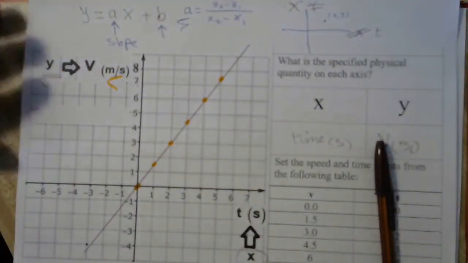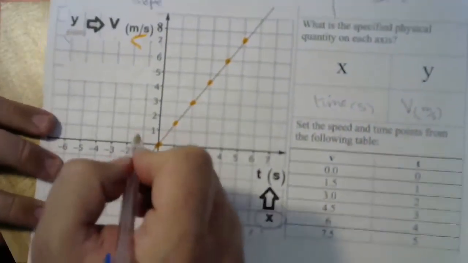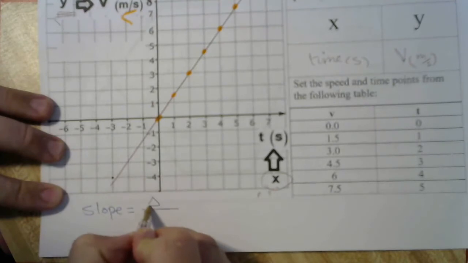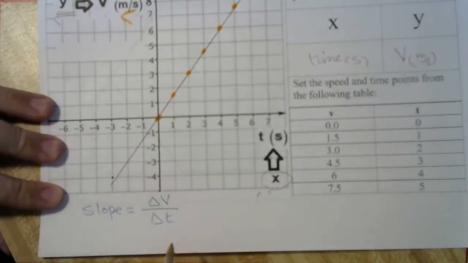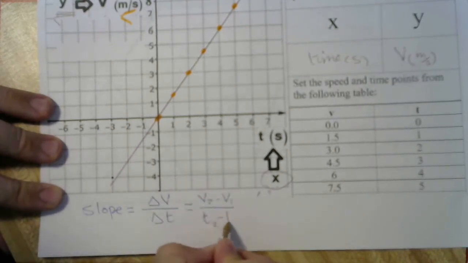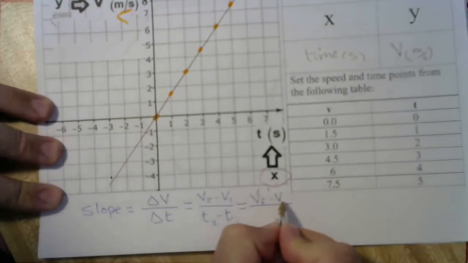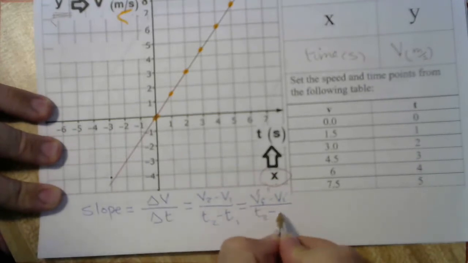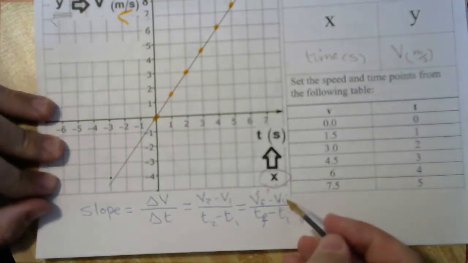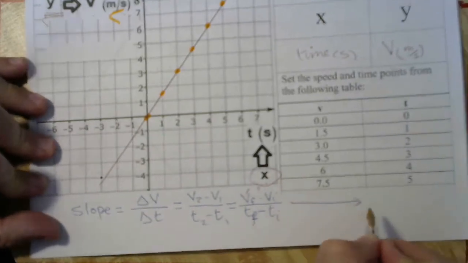So if I need to find the slope in this graph, the slope is equal to delta v over delta t, which is v2 minus v1 over t2 minus t1, the same as v final minus v initial over t final minus t initial. The rate of change in velocity during a period of time is the acceleration.